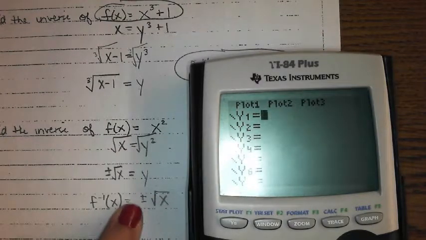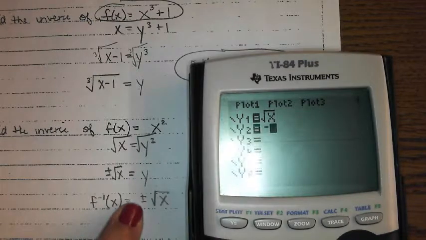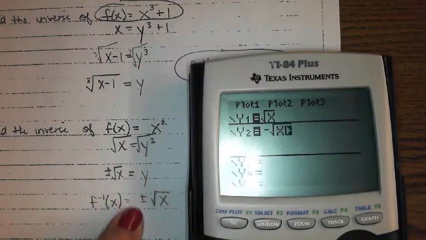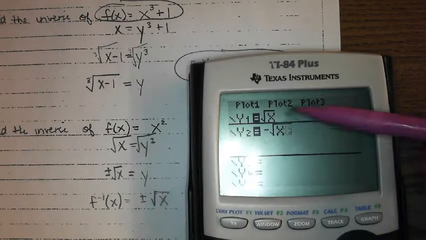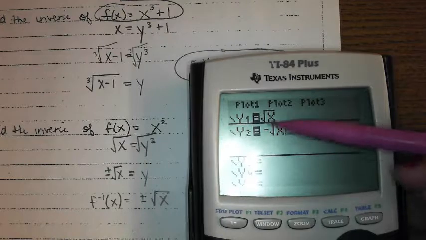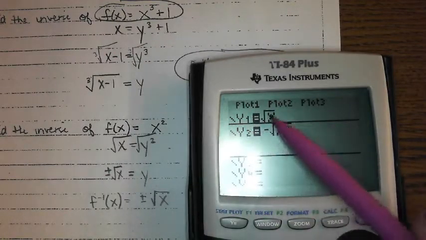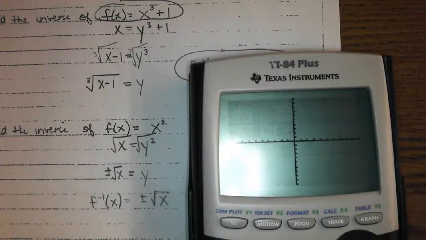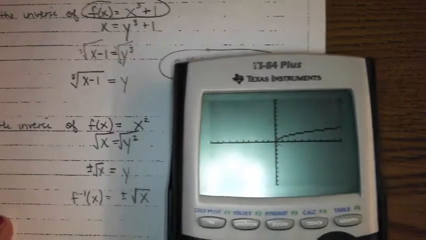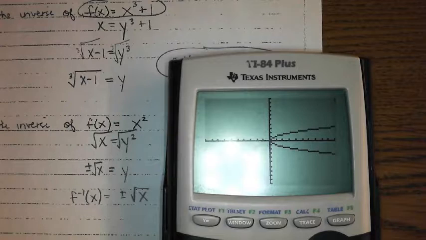In order to get our calculator to see what we're doing, we actually have to plug in the square root of x and, as a second function, the negative square root of x. So in isolation, that's a function, and in isolation, that's a function. But in its entirety, which is what the inverse is, these two together do not make a function because it fails the vertical line test, yes?